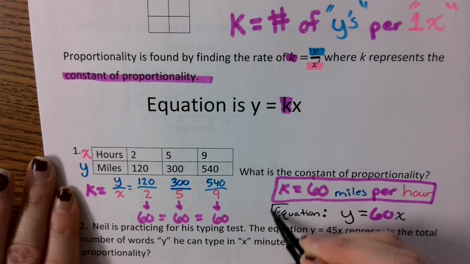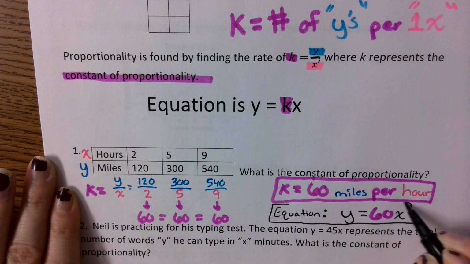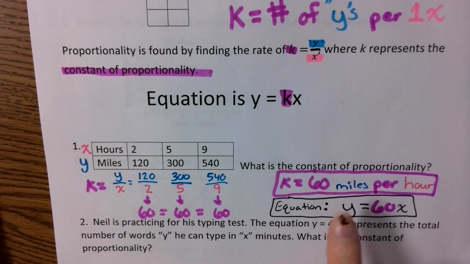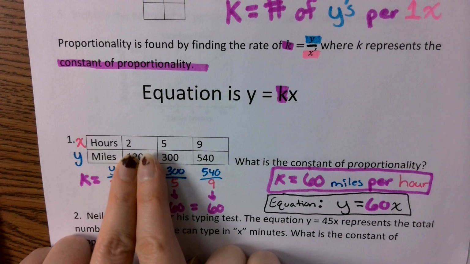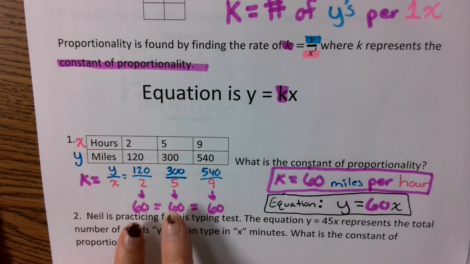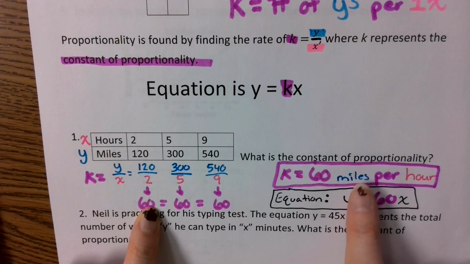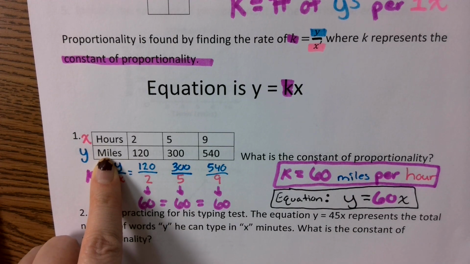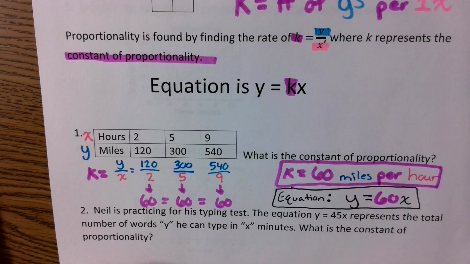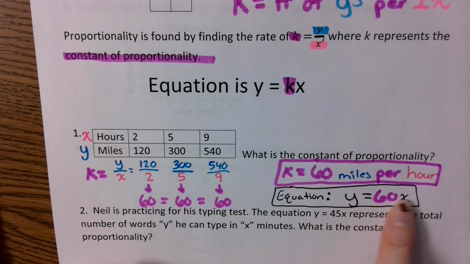That is the equation of this problem. So again, our constant of proportionality, you took the y and divided by the x to get your number for your constant of proportionality. You related it back to the y's per x, so in this case miles per hour, and then you set it up as an equation. Y equals whatever your k factor is times x.